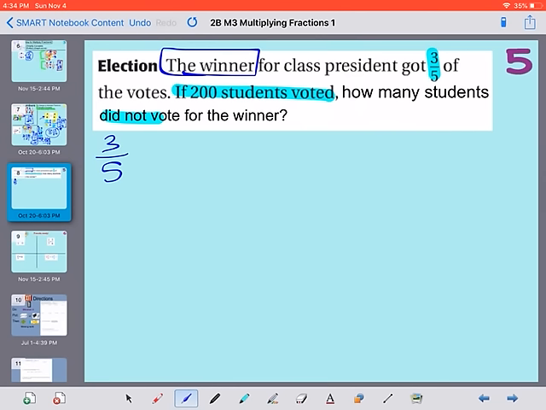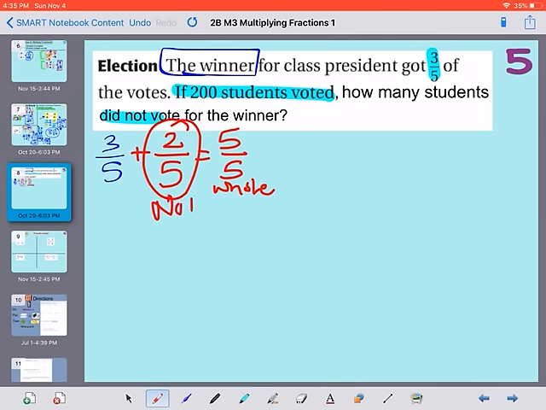Well, we want to know how many students did not vote for the winner. So if we had 3/5 of our class voting for the winner, what fraction would be left to get to all of the people, or 5/5, the whole thing? Well, 3/5 plus 2/5 would give us the whole entire class. So 2/5 did not vote for the winner, and 3/5 did vote for the winner.